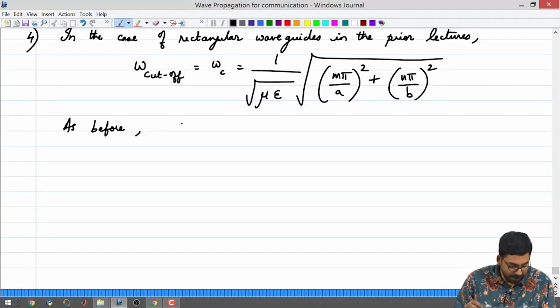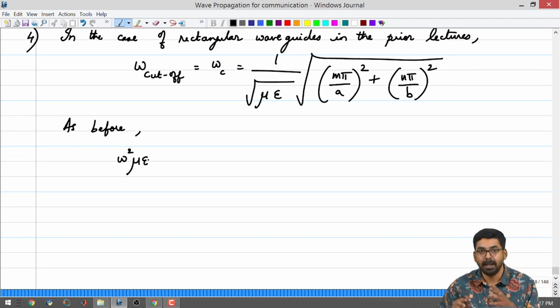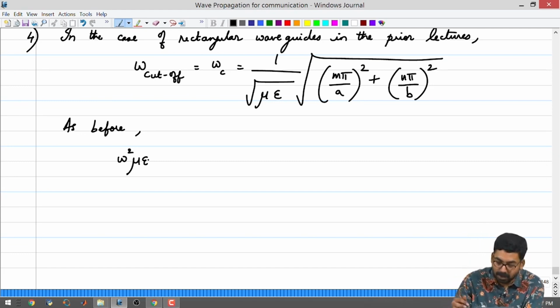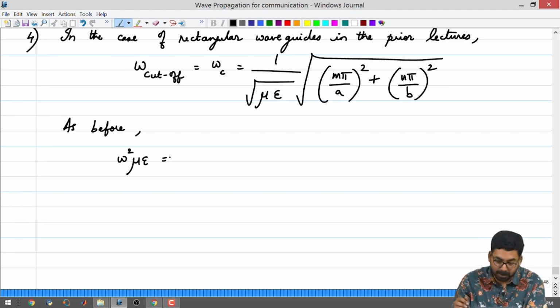So, here all we need to do is rewrite that expression omega square mu epsilon, where mu and epsilon are the permeability and permittivity of the material that is covering the volume, alright. I mean that is forming the volume covered by metal plates, right.